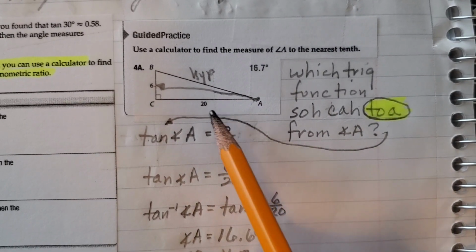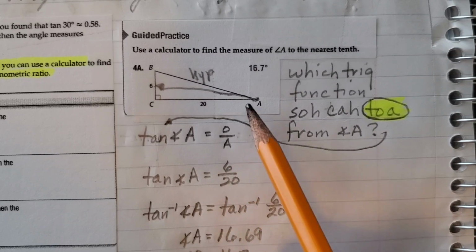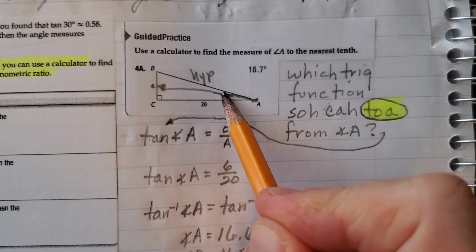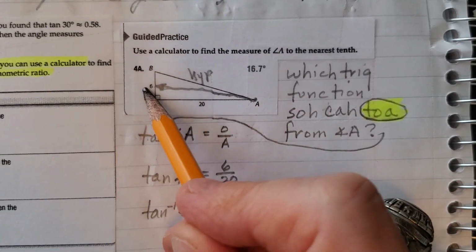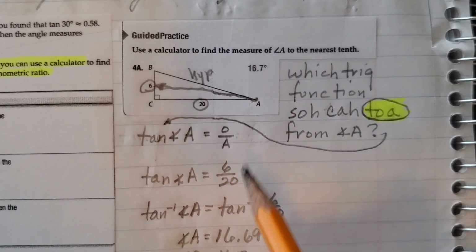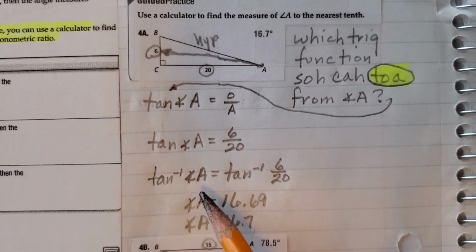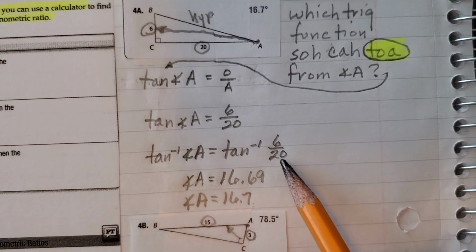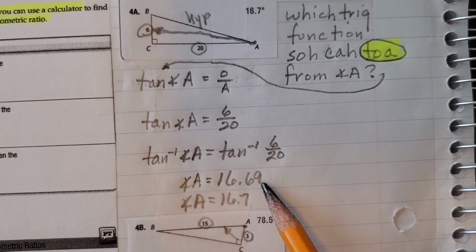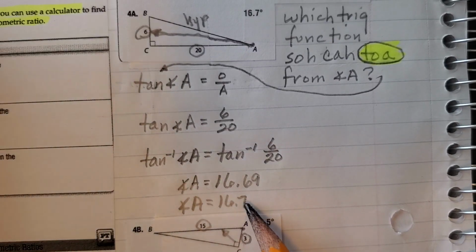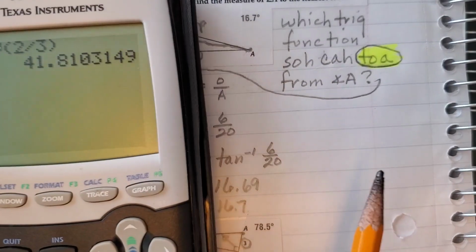So we use the tangent of angle A equals opposite over adjacent. Substitute in 6/20. Then we take the inverse tangent of 6/20. When we do that, we get angle A equals 16.69, or 16.7 rounded to the nearest tenth. So let's do that one here.